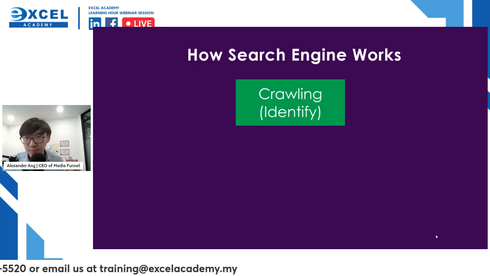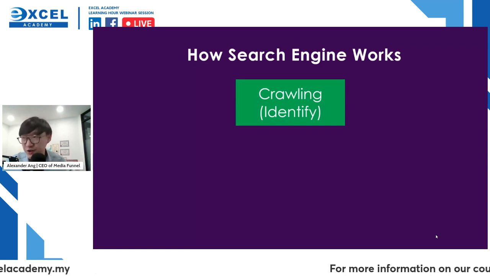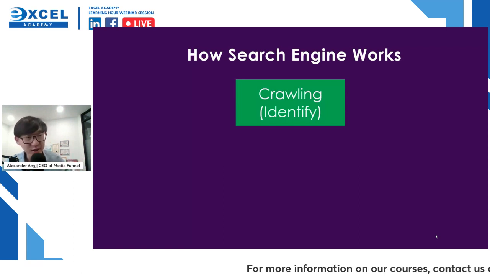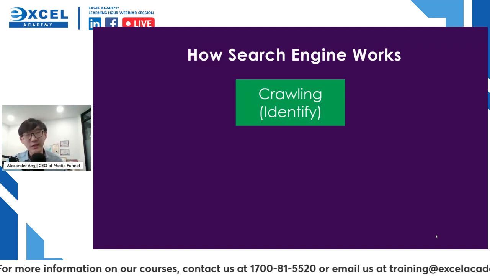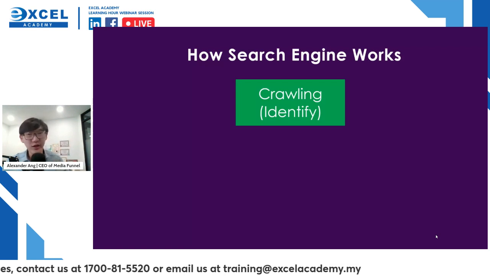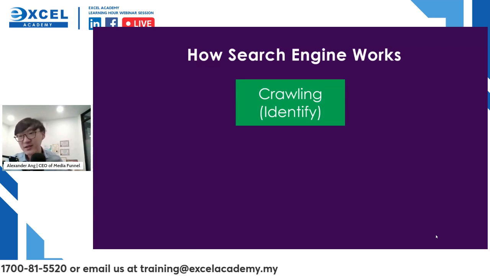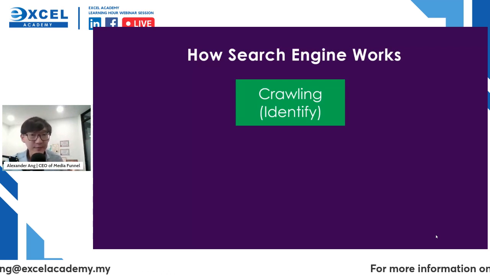Crawling is a process to identify any website changes, any website deletion, any new website or article that has been published. Yeah, so that's what's happening now. As I'm speaking to you, there are millions and millions of searches going on and crawling is happening.